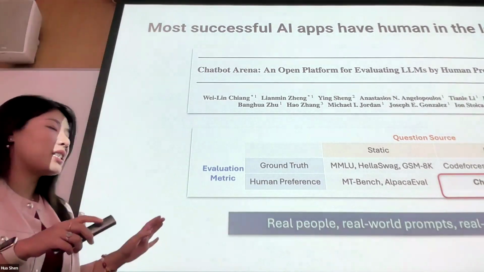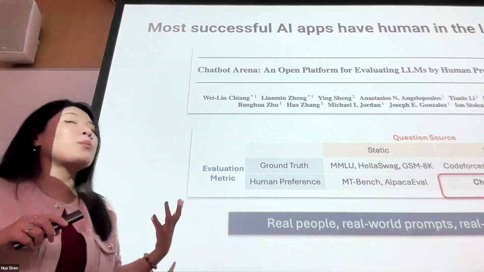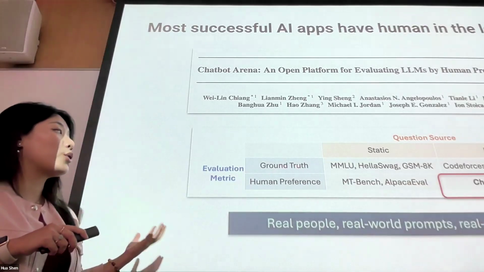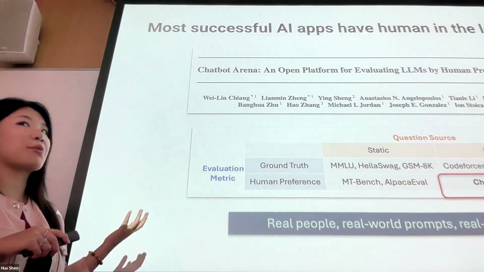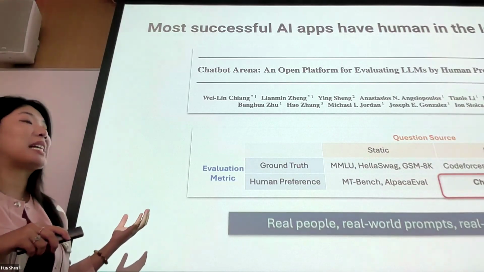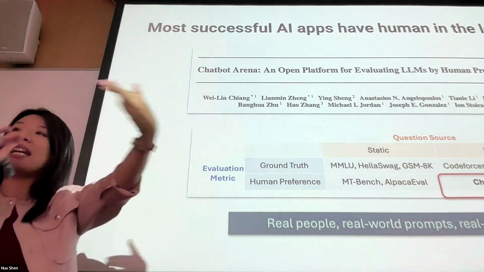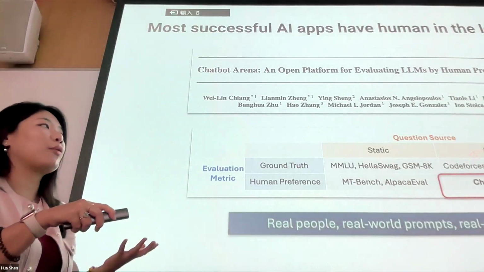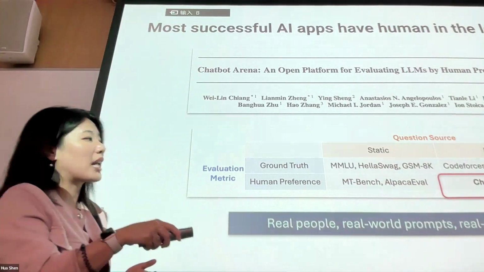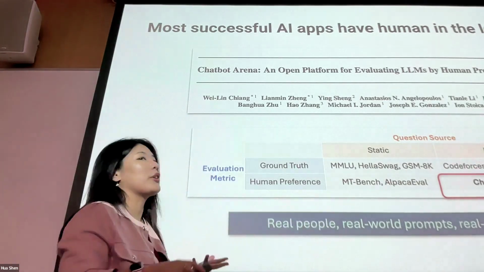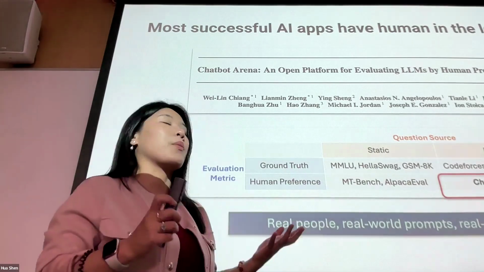It summarized the different human evaluations regarding whether the metric has ground truth, whether the metric is related to human preference, as well as whether the question source is static, an already existing dataset, or actually real-time and live data collection. And this work is focusing on this live data by human preference, which is rare but also important.